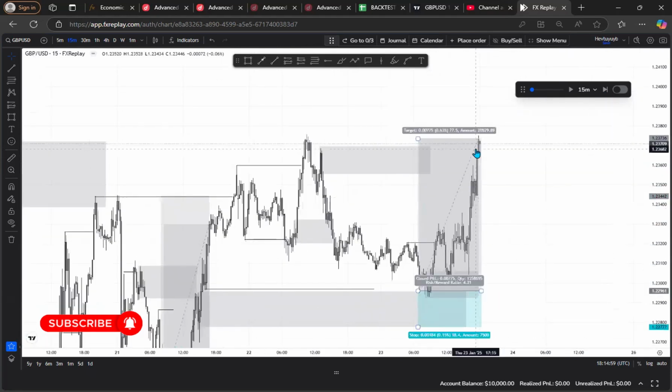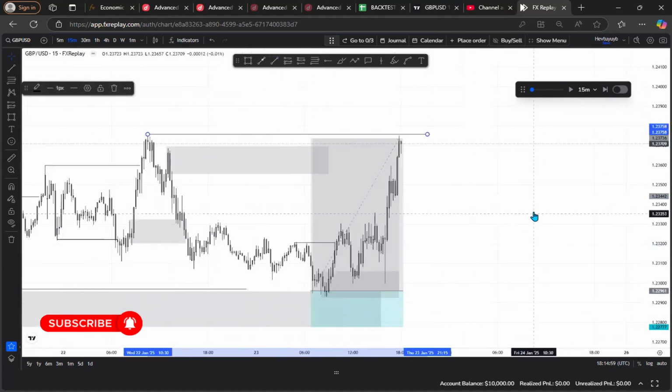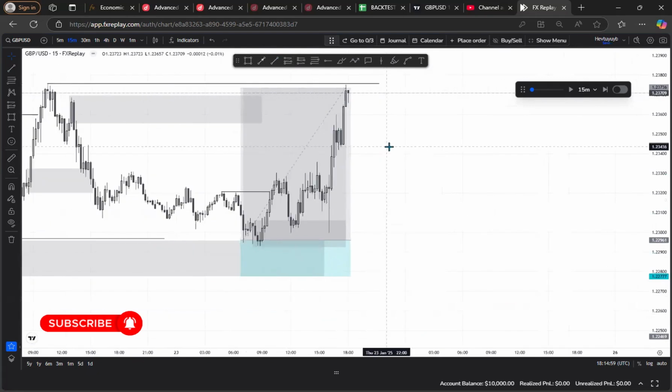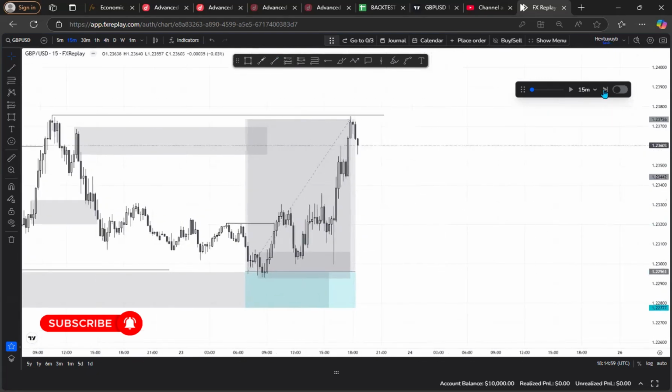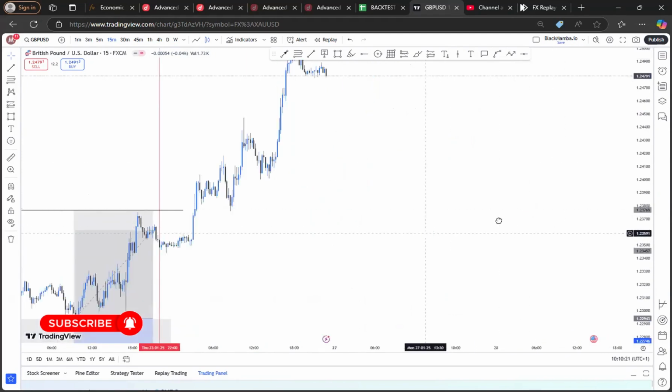So that is what happened on Thursday, and price eventually broke this structure to the upside. And from there price kept pushing to the upside.